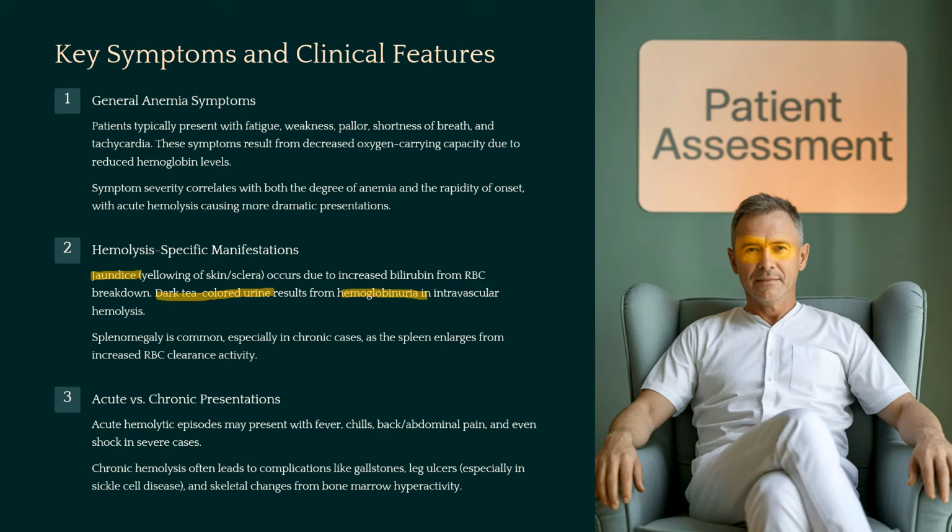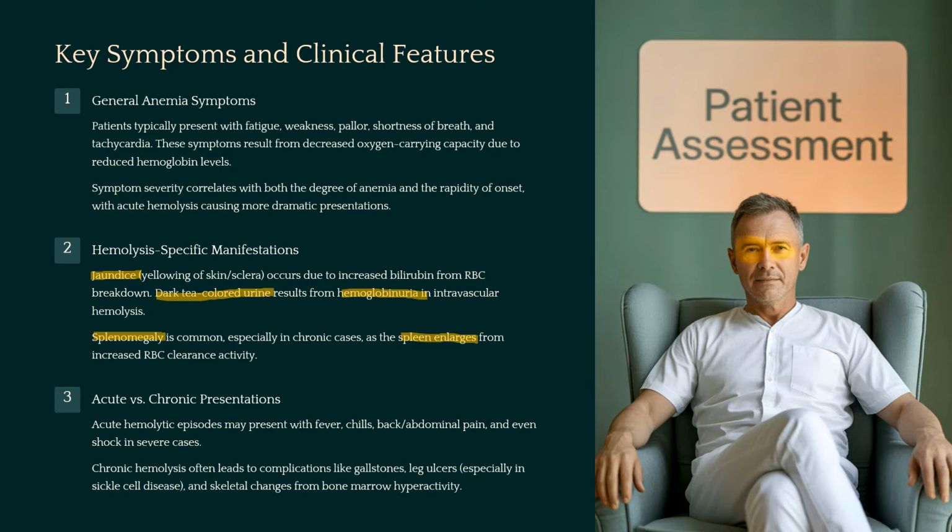And number three is splenomegaly, the enlargement of the spleen. So these three are the specific signs which can be seen in the patient suffering from hemolytic anemia. Number one, jaundice. Number two, hemoglobinuria. Number three, splenomegaly.